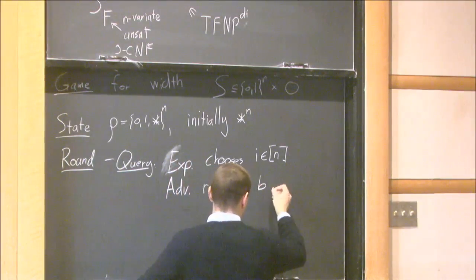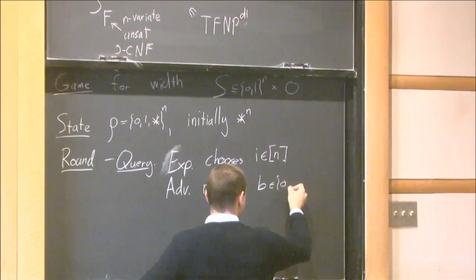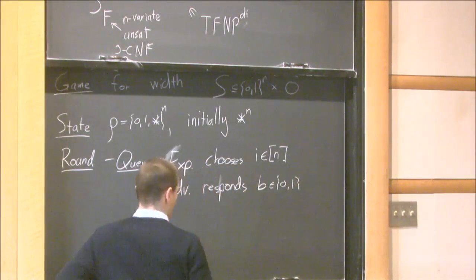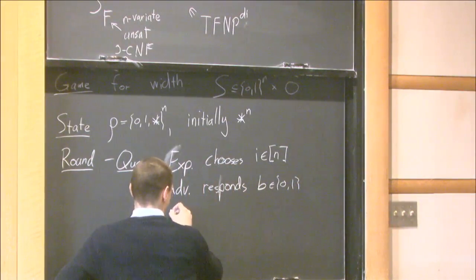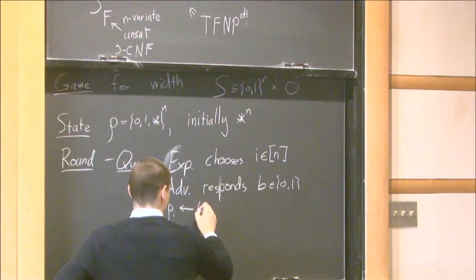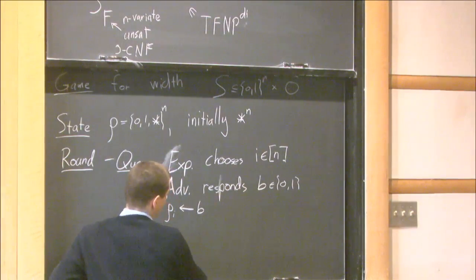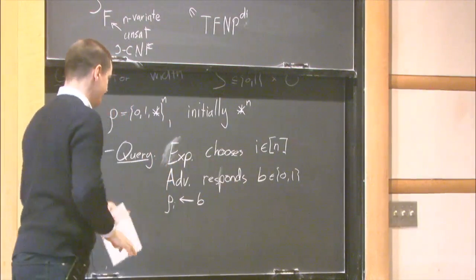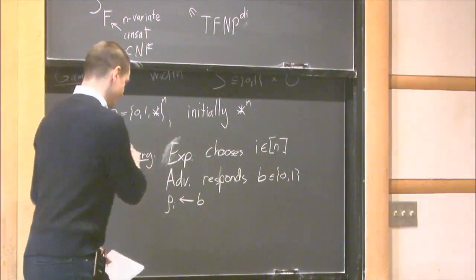So the adversary responds with a bit b of his own choosing, and then the game state gets updated so that the ith bit is set to b. So that's a query step. So far we haven't really done anything; a decision tree would proceed like this.